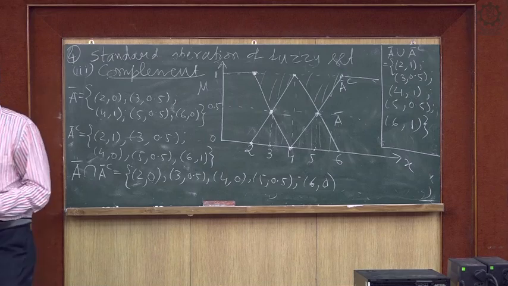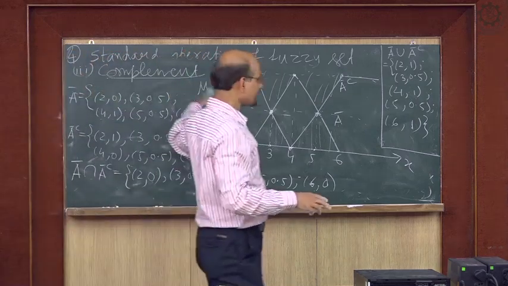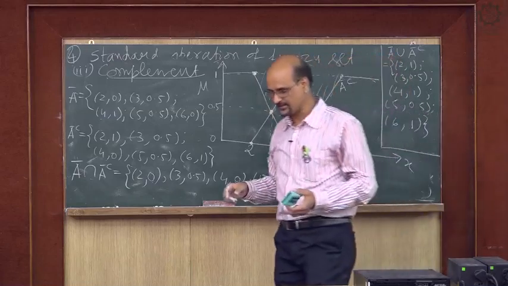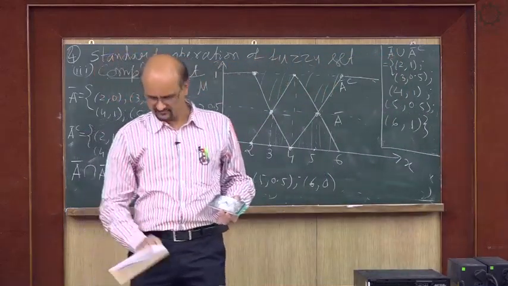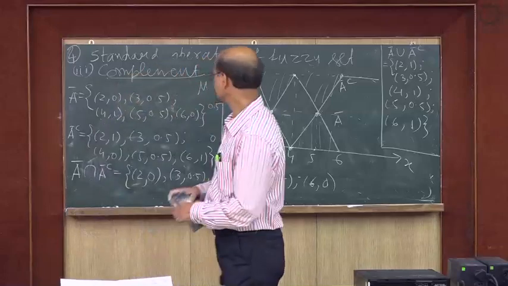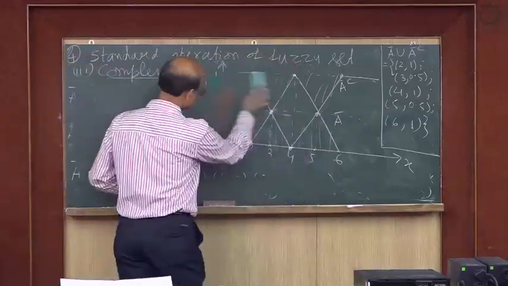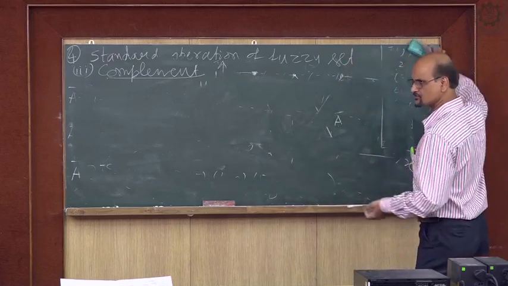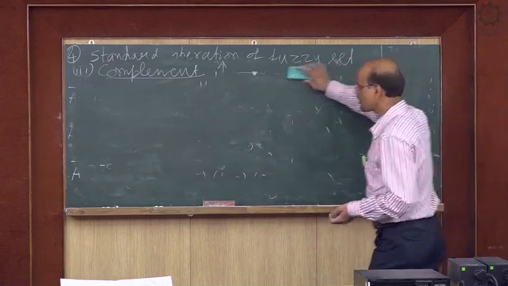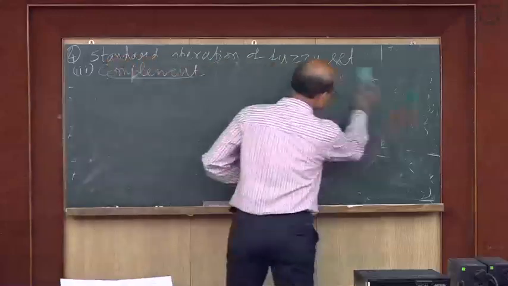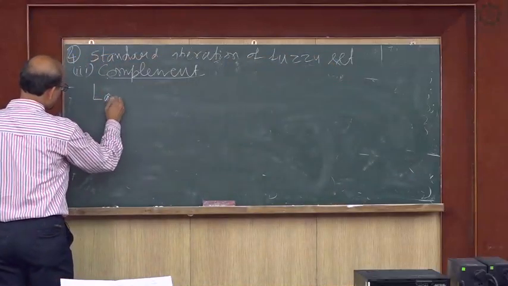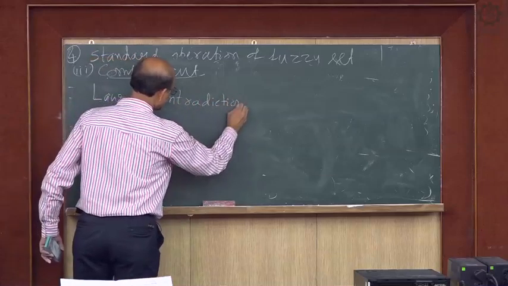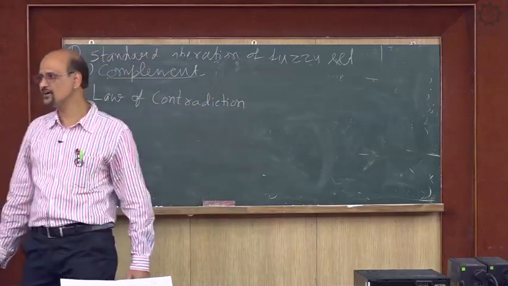These are two very important operators, the union and intersection results. What was the name? Law of contradiction. In classical set theory, we say law of contradiction, and another one, law of excluded middle.